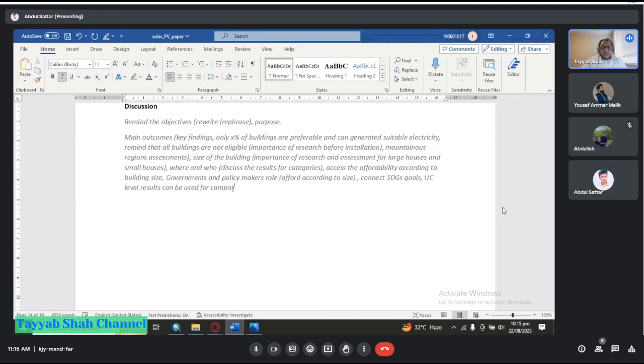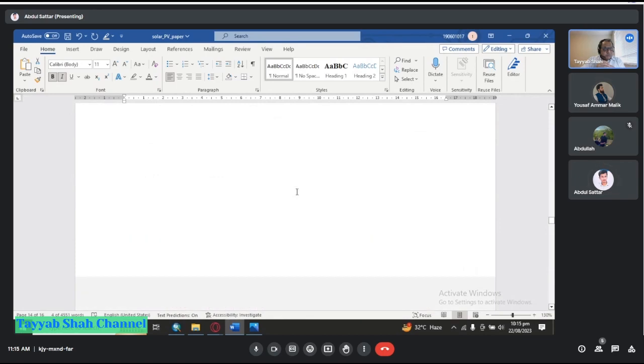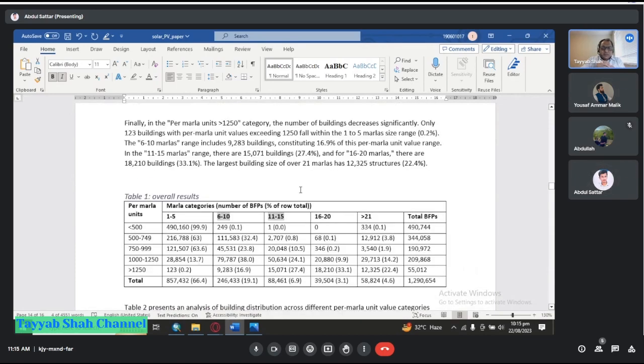At this stage, what we're seeing is that 34% of total building footprints, and out of those, 1 to 5 marla and even 6 to 10 marla size buildings are a large proportion. So it means people living in that neighborhood in the union council might need some support.